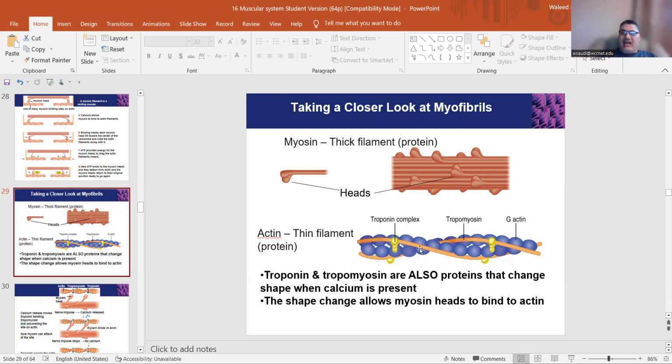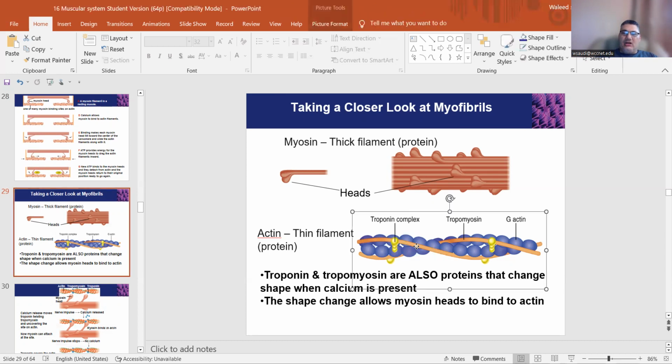Why? Because the active site of the actin, look at the blue. This is the actin. The active site is actually covered temporarily by something called troponin and tropomyosin. When you push it away, you are going to expose the active sites and contraction will occur.